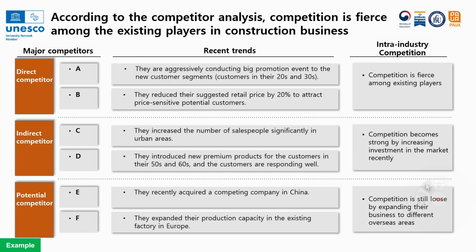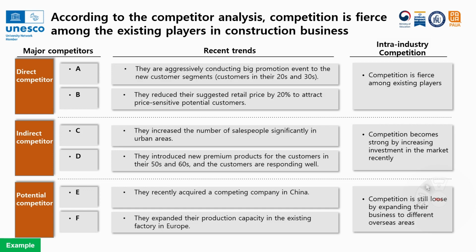So when deciding our strategies, the sales strategies, we have to consider those factors: whether we will fight against company C in the urban areas, or whether we can expand our business in the rural areas instead of competing with company C. And in the case of D, they introduced new premium products for customers in their 50s and 60s.